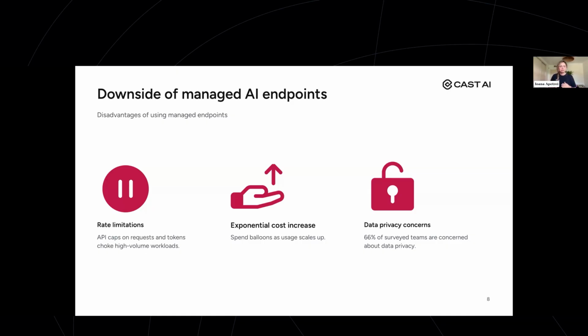So SaaS providers need to set these limitations either on API requests or on token generation and so on. And you can see how it can lead to bottlenecks in your application. Yeah, there's nothing worse than launching an app only to find that the prompt is down because Azure is rate limiting you or OpenAI is rate limiting you. And it's the worst possible end user experience. So for the teams that are consuming these models, it's got to be very frustrating.